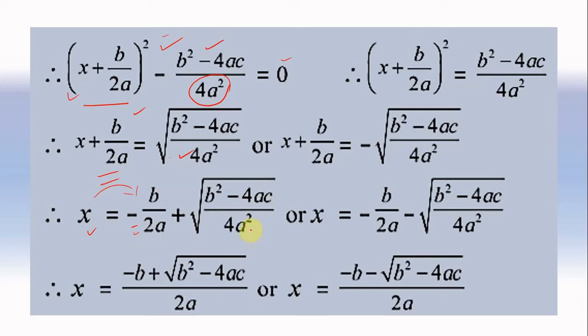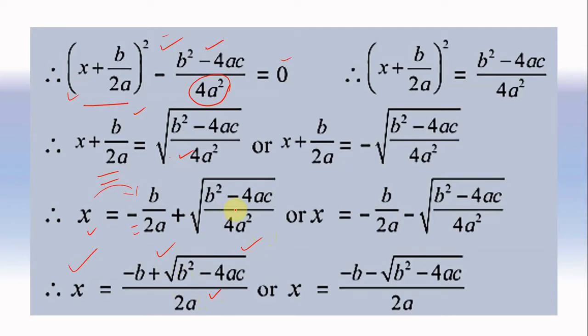What we are trying to do is use a, b, c in our quadratic equation, the coefficients and the constant, and formulate an equation so that we don't have to go for factorization or for the square method. We can directly substitute in this formula and get the answer. So this can be further simplified as minus b plus root of b square minus 4ac, upon 2a, as a formula to find x.